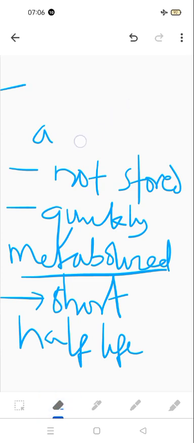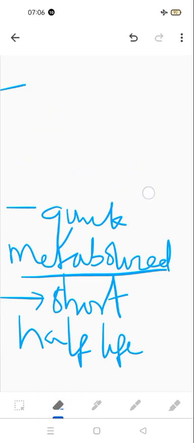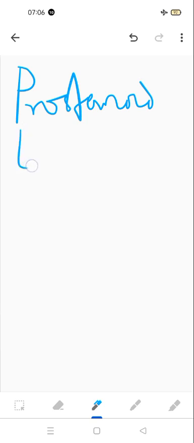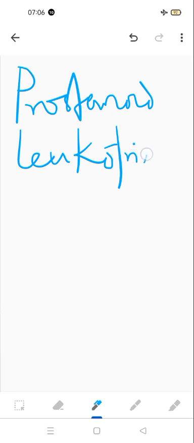Before we proceed, we said that the types of eicosanoids that we get from arachidonic acid are prostanoids, leukotrienes, and lipoxenes.